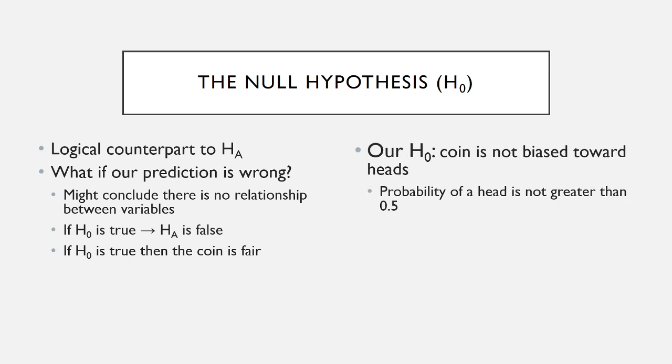So in this case, if we craft our null hypothesis to be a counterpart to the alternative, we'll say that our coin is not biased towards heads. So the probability of getting heads on any given trial is not greater than 50%. So our null hypothesis covers all of the possibilities outside of what the alternative covered. Basically, this null hypothesis covers a coin that does have a 50-50 probability and anything that is not biased towards heads.